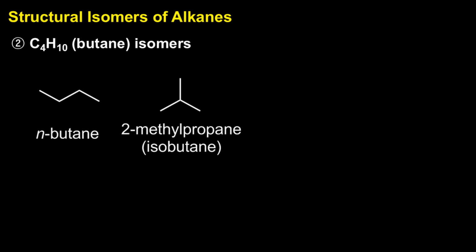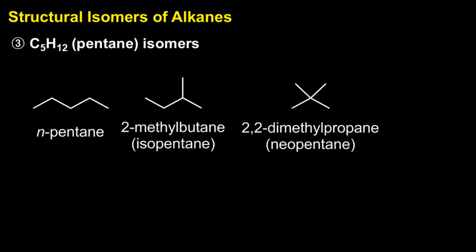When we move on to pentane, C5H12, we start to see even more variety. There are 3 possible isomers. First, there's n-pentane. It's a straight chain molecule where all 5 carbon atoms are lined up in a row. Next is isopentane, also called 2-methylbutane.